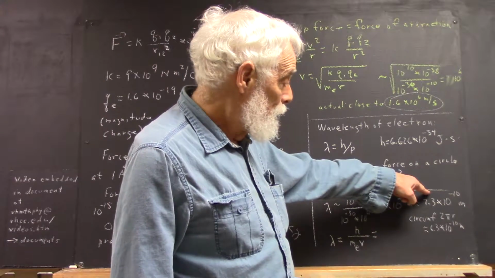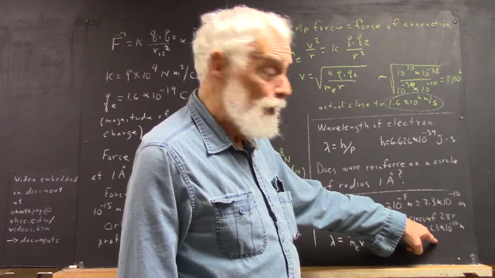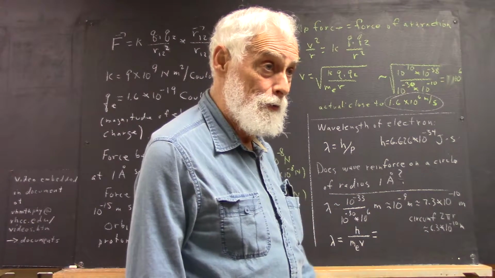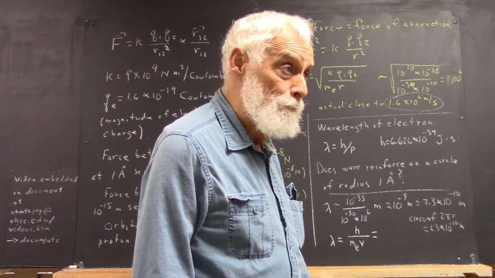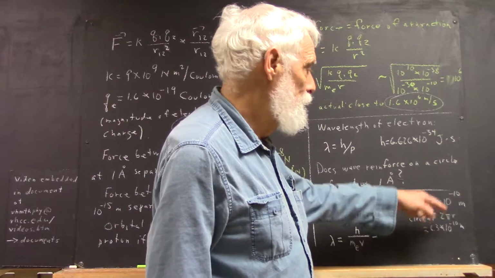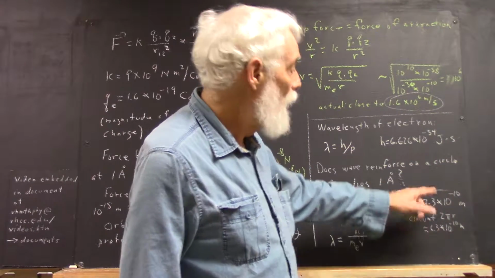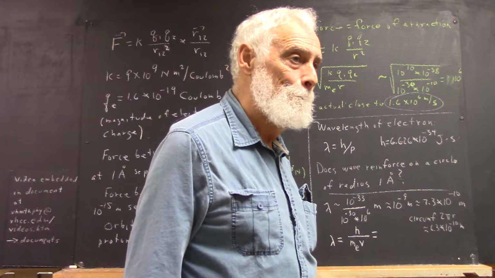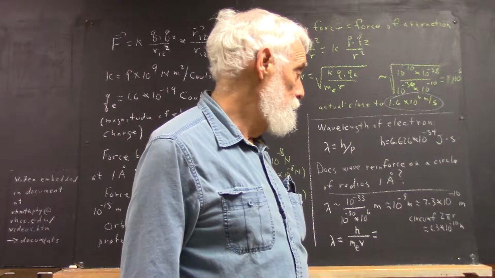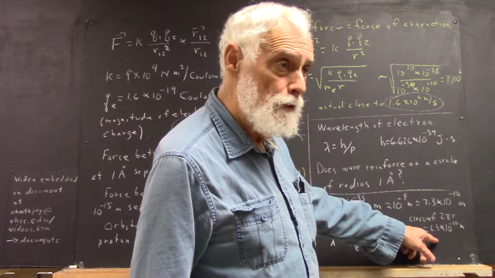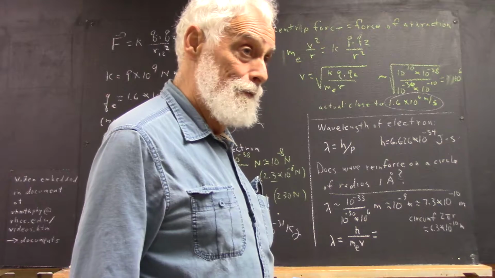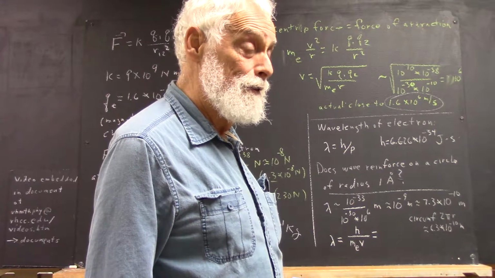That wavelength does not match that circumference, and no multiple of this wavelength will match that circumference, right? Okay? Or no integer fraction of that wavelength, because half that wavelength, well, it's not going to work. Okay? So, you're out of luck. In other words, you're not going to get an electron orbiting at that distance. Okay?